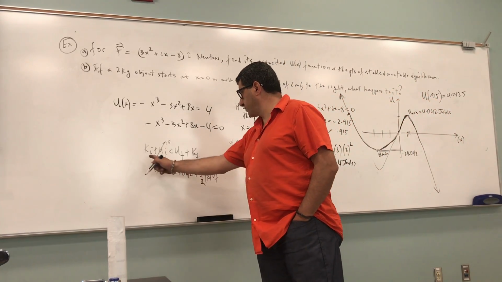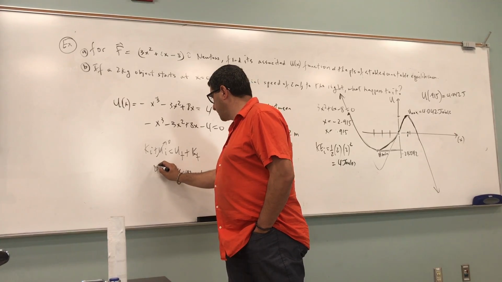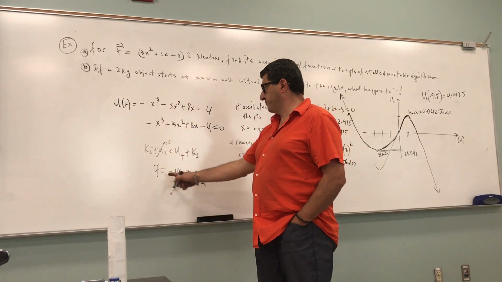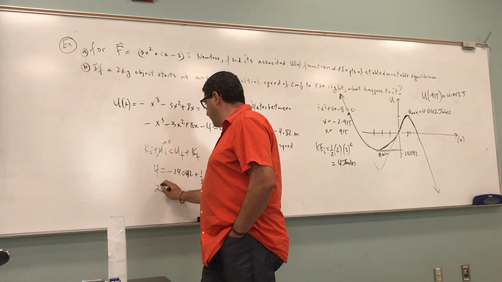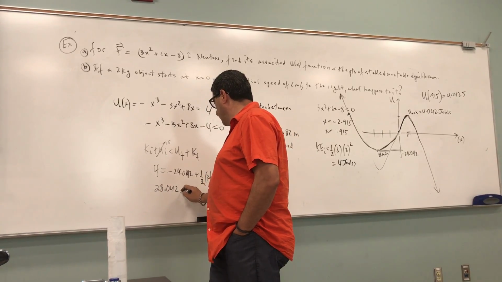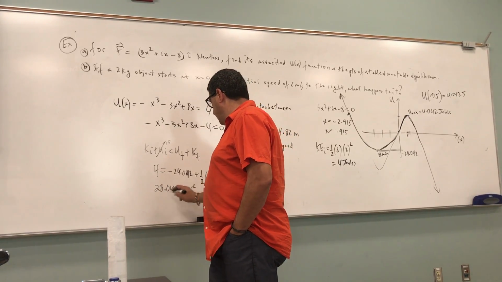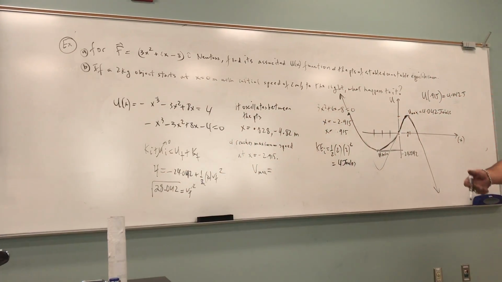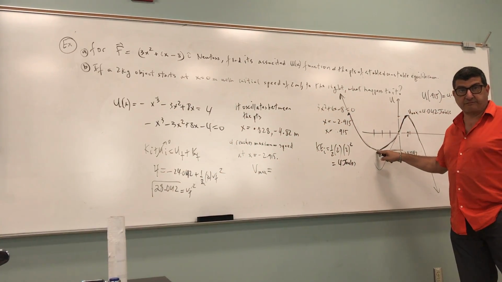The 2 cancel, 24 goes over there, and then this is 4. So negative 24 goes over there, that becomes 24 plus 4, 28.042 is V final squared. Then V final equals the square root of that. So the final velocity we'll have here is the maximum velocity.